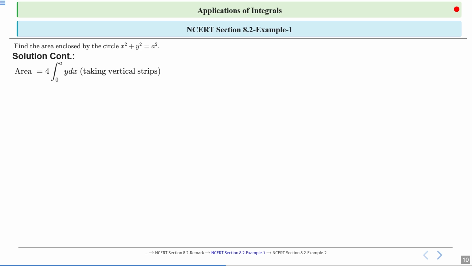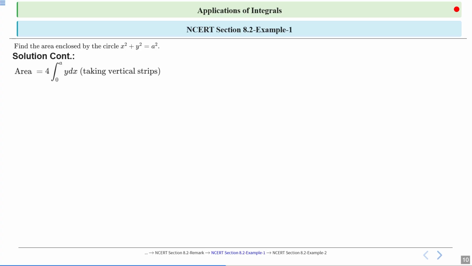Here we take a vertical strip, and when we take a vertical strip, we write the limit of x. So x varies from 0 to a. The first value is the x equal to 0 line and the last is the x equal to a line. The curve is bounded between both of these vertical lines.